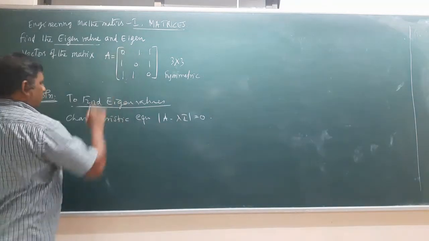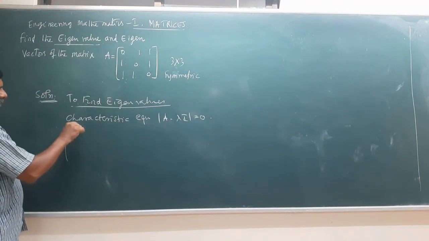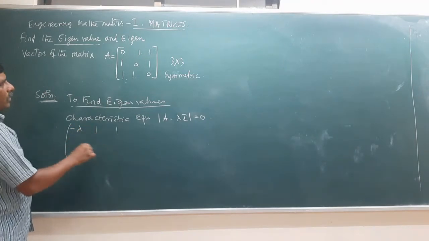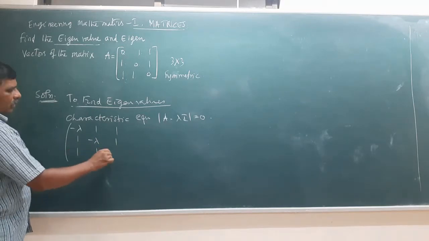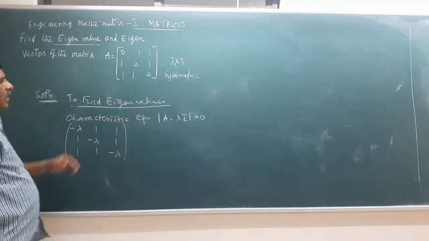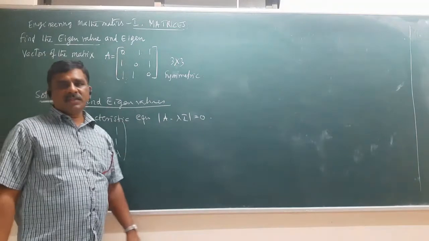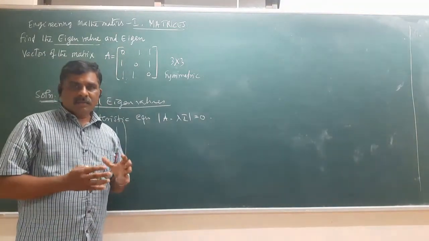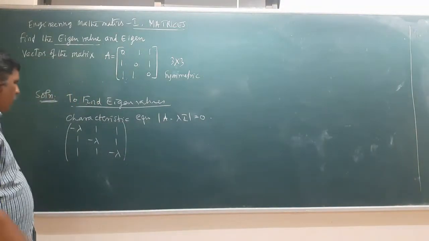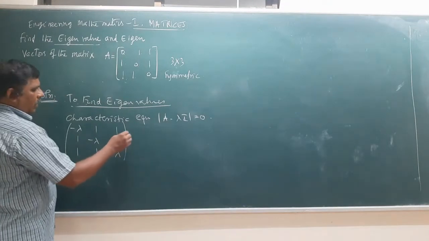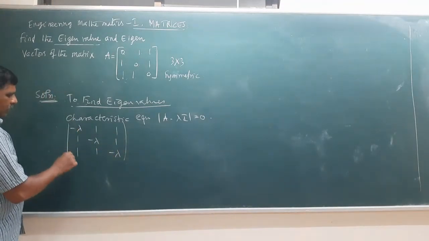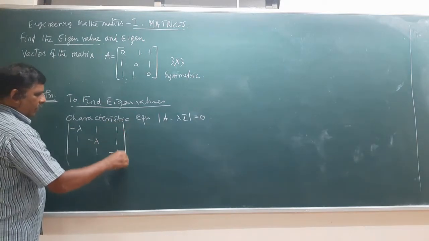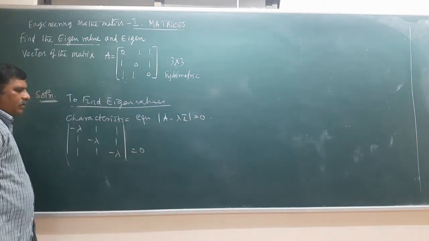In the given matrix, you have to write minus lambda, 1, 1; 1, minus lambda, 1; 1, 1, minus lambda. That means you have to subtract lambda from the diagonal elements. All the other elements you keep as they are. And then you take the determinant of this and equate to 0.